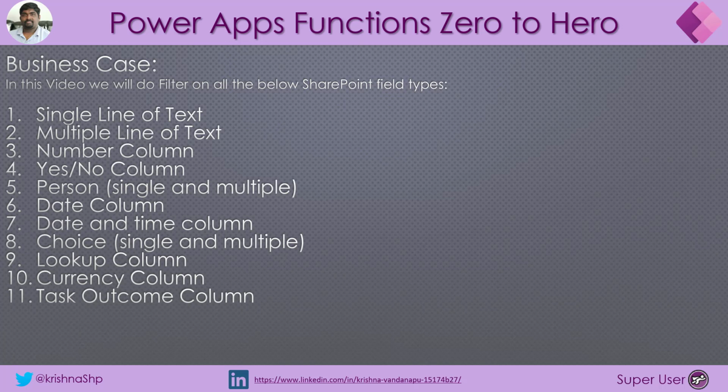They are single line of text, multi-line of text, number column, yes or no column, person, which is nothing but people picker group with single and multi-line, date column, date and time column, choice with single and multiple selection, lookup column, currency column, last but not least, task outcome column.